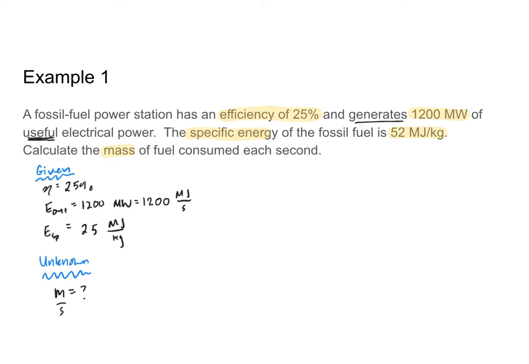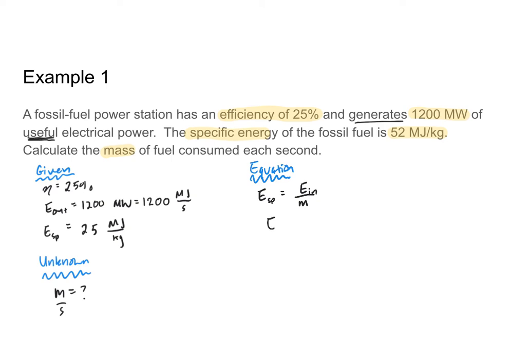So now that I know this, I can go ahead and write my equation. I know that my specific energy is equal to the energy generated per kilogram. So energy in over my mass.